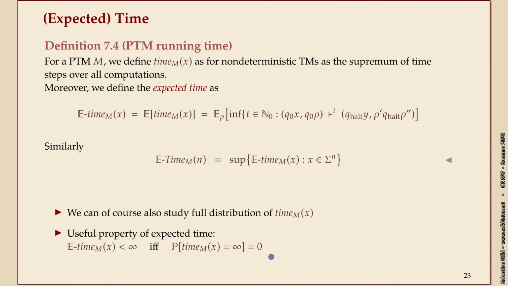But what's useful here for starters is that the expected time is finite if and only if the probability to never terminate is exactly 0. In other words, we almost surely terminate if the expectation is finite. And that's pretty much what a sensible algorithm should do. It's okay if there is a hypothetical option for it to run forever, as long as it actually never does so with any positive probability.